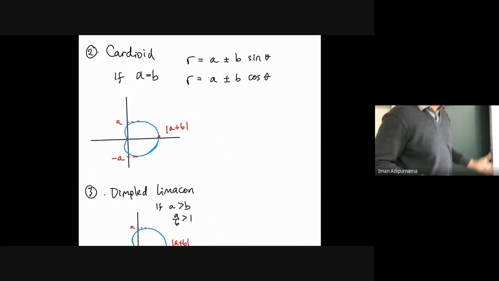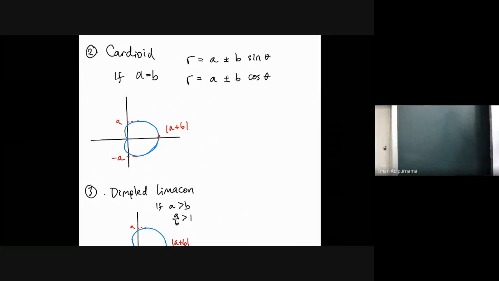Okay, now how to make all these polar curves logical. The idea is these two equations here. If you have any equation using sine or cos, with a constant plus or minus a constant times sine or cos, then the curve in polar should be a limason.